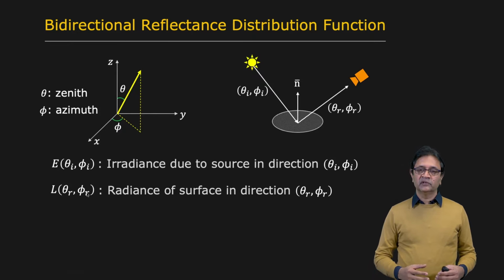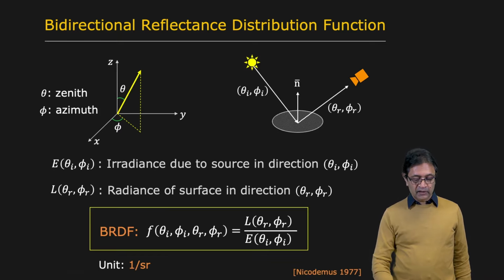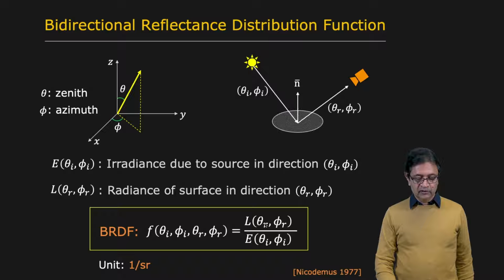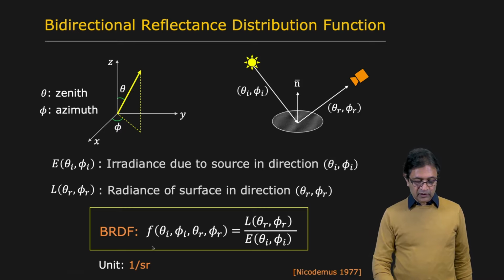And now we describe the reflectance, the bidirectional reflectance distribution function, BRDF, of the surface as the ratio of L to E. The radiance in the direction (theta_r, phi_r) due to the irradiance from the direction (theta_i, phi_i). And therefore it's a four-dimensional function. We have theta_i, phi_i, theta_r, phi_r. So this function f fully describes the reflectance properties of any point in the scene. And the units are 1/steradian.